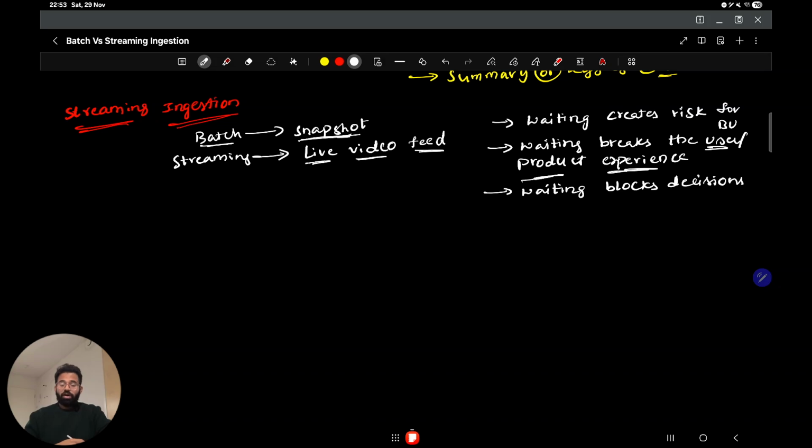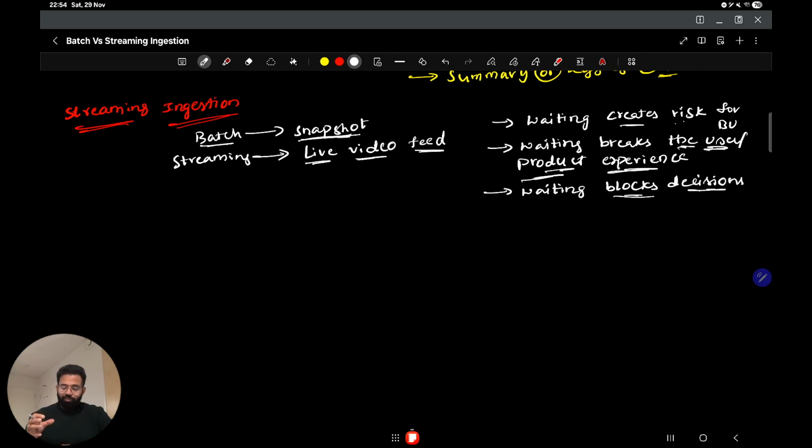But if you are updating the data only on an hourly basis or only on a nightly basis, then you probably can't make decisions in a real-time fashion. So it blocks the decisions, and this is when streaming becomes ultra necessary. So streaming becomes necessary when waiting creates risk, or when the waiting breaks the user or product experience, or when waiting blocks decisions that are supposed to be taken instantly. That's when streaming becomes necessary.